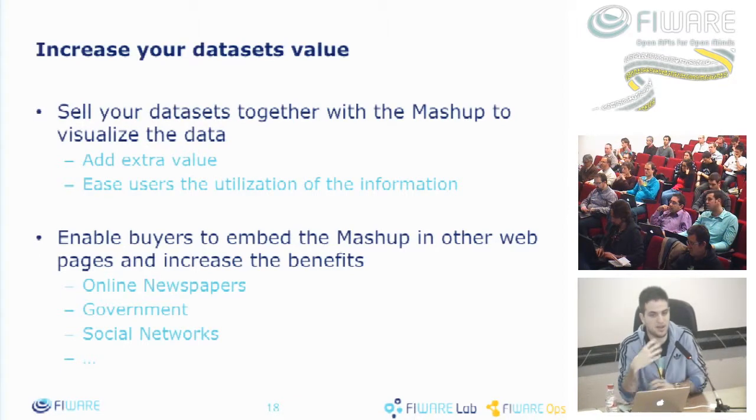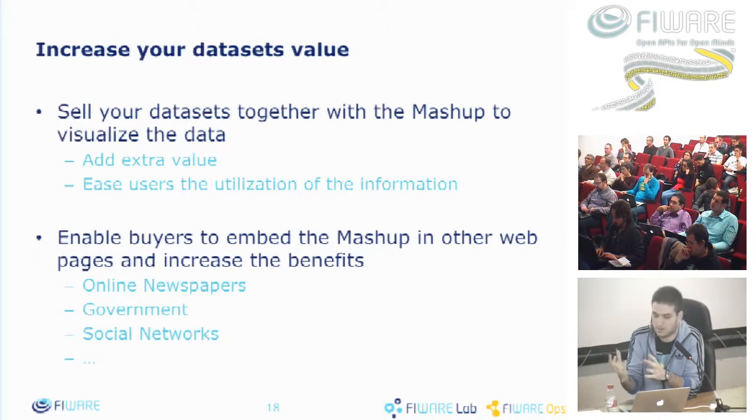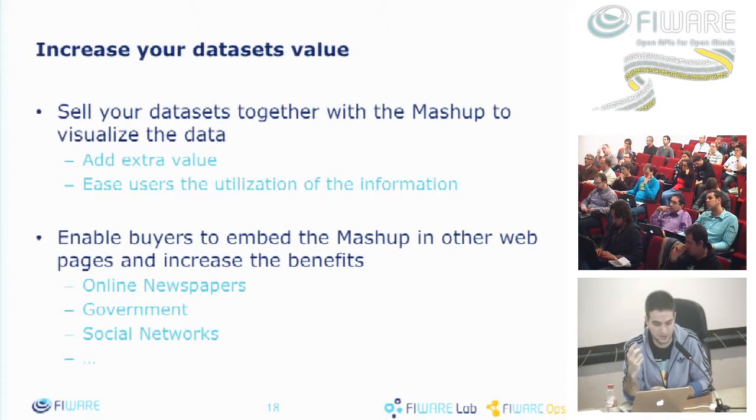If we create a mashup where the data is represented, the newspaper can include this mashup in their web page, and they can drastically reduce the development process they have to do just to represent the election results.